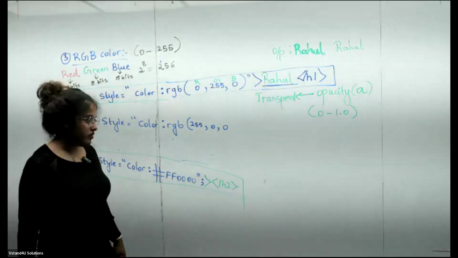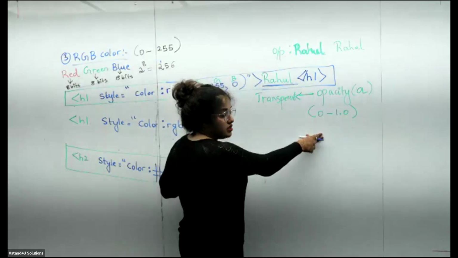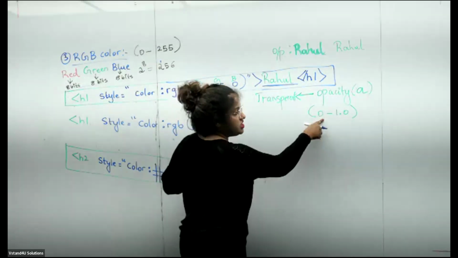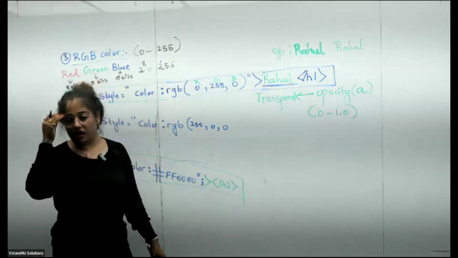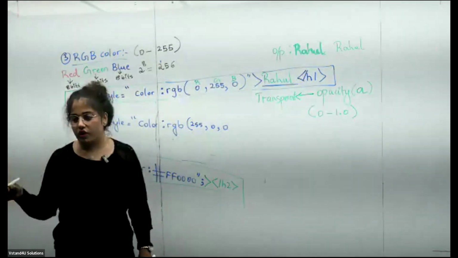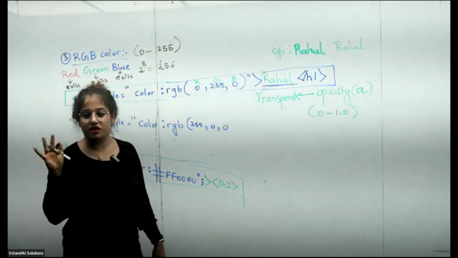So now what will I do? I will do nothing. I have already said that the opacity value ranges from 0 to 1.0. You take any number: 0, 0.1, 0.2, 0.3, 0.4, up to 1.0.